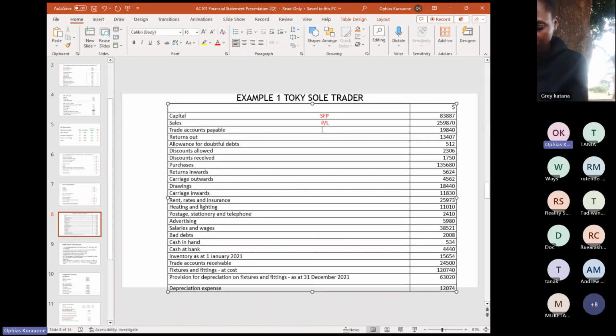Trade accounts payables. Account payables can sometimes be written as creditors. Where do you write them?